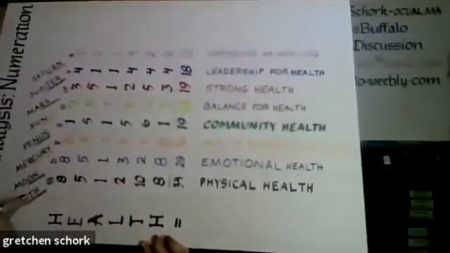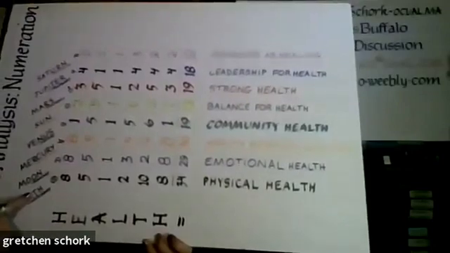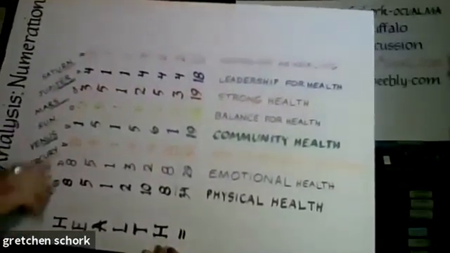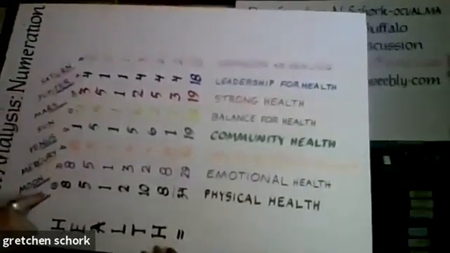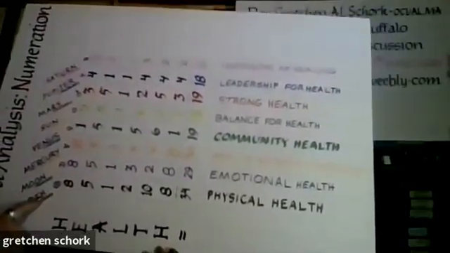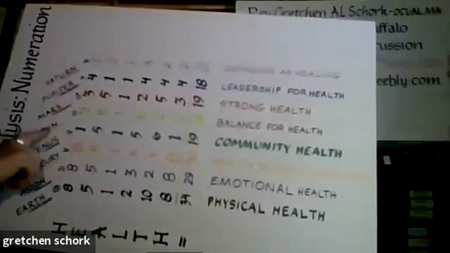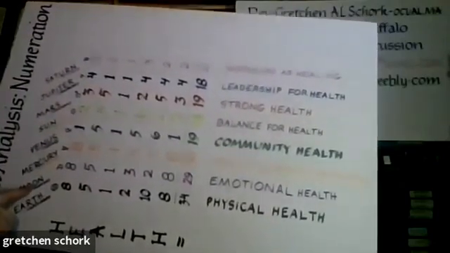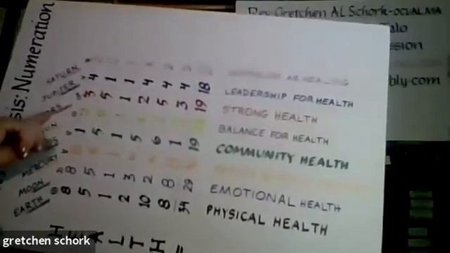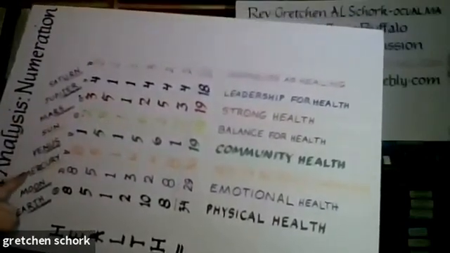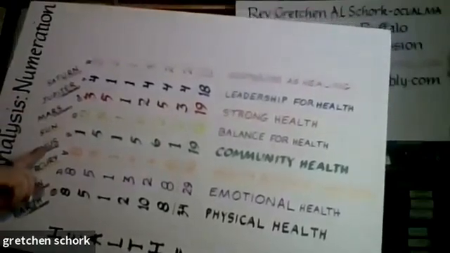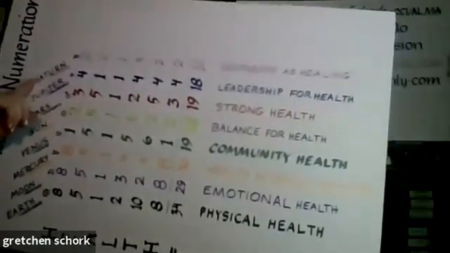Earth doesn't have its own day, but if you begin with Earth on Saturday, then the rest fall into place. So Saturday is Earth, Sunday is Sun, Monday is Moon, Tuesday is Mars, Wednesday is Mercury, Thursday is Jupiter, Friday is Venus, and then Saturday is Saturn.